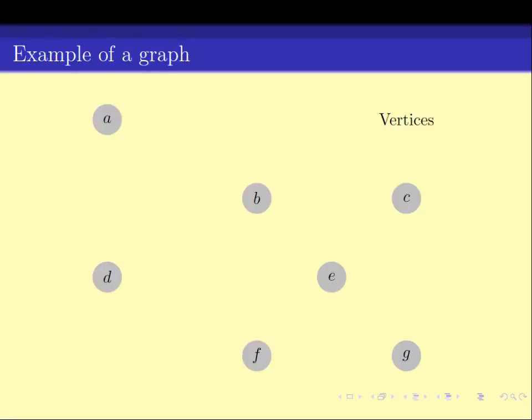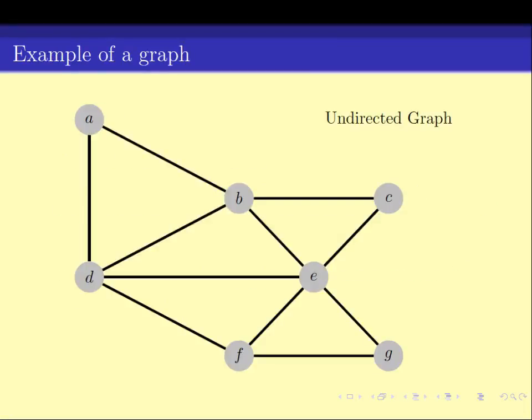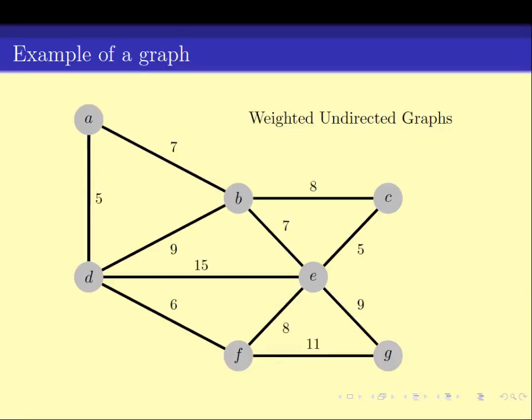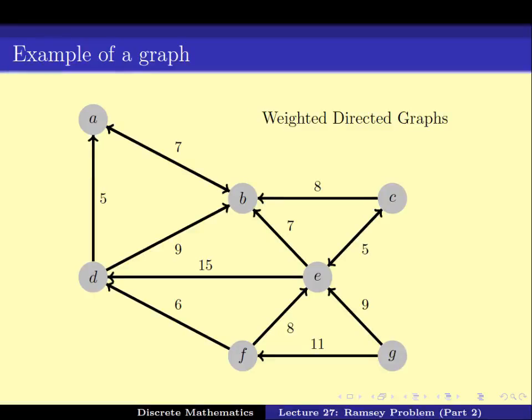So pictorially, this is the set of vertices. The edges are drawn using lines joining the vertices. There can be weights on the edges, and there can be direction on the edges to represent the unsymmetric version of the edges.